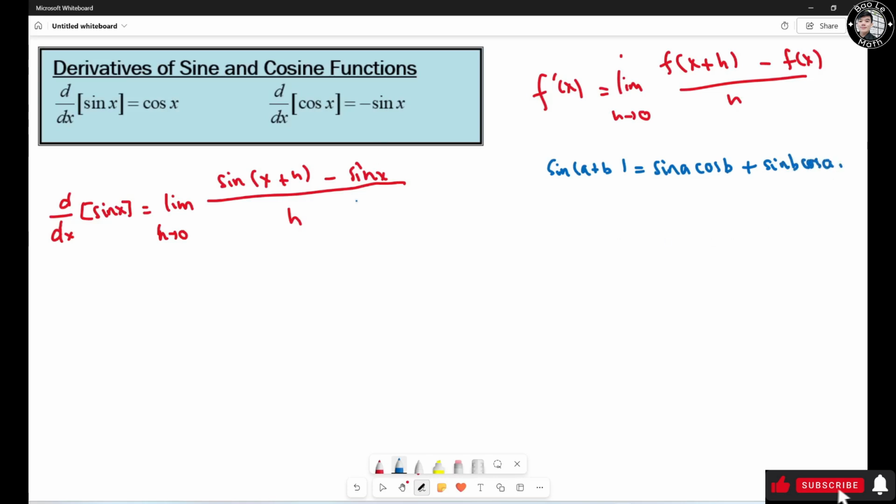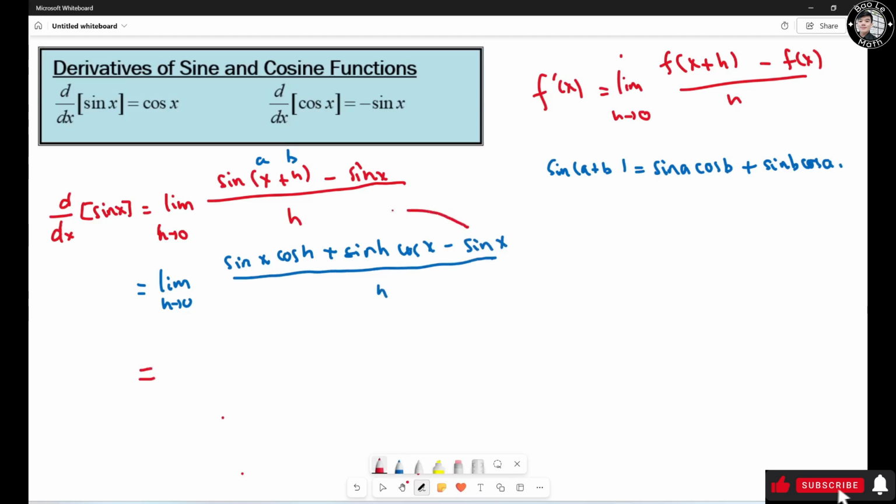In this situation, a means s and b means h, so it turns out to be the limit when h approaches 0 of sin s cosine h plus sin h cosine s minus sin s over h.